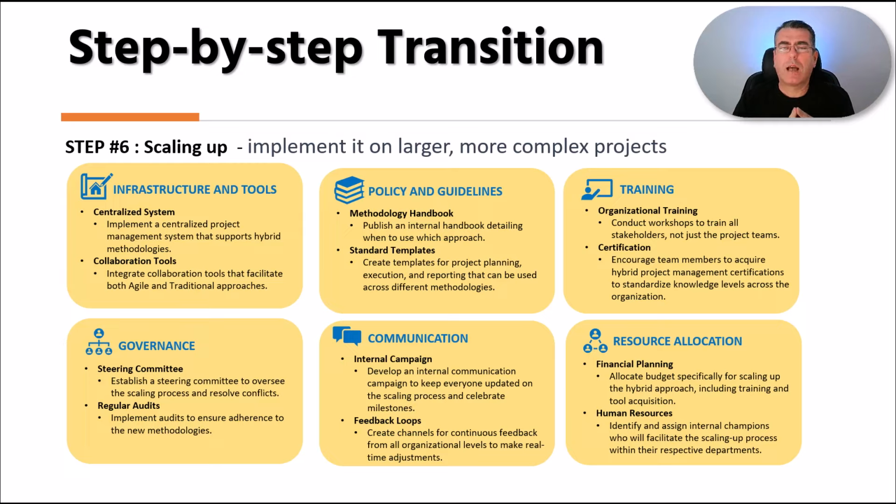Think about having a financial plan for using your resources, human resources, material resources, technological resources, to make sure that you have enough money, enough budget, to manage your next projects. So this is the final step when you're trying to adopt a hybrid approach, when you go to scale this process to other projects.